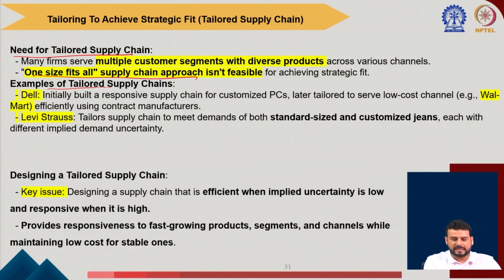Dell is a very good example of a tailored supply chain. Earlier, for responsiveness, Dell recorded orders online and then configured the systems as per the requirement. But then they realized the lead time was huge: they place an order, we manufacture in the manufacturing hub, then we ship the product.